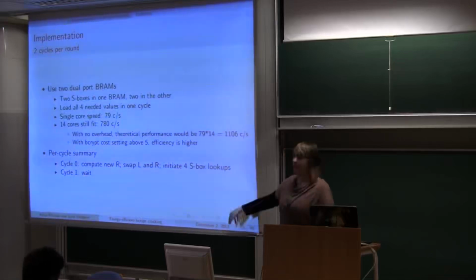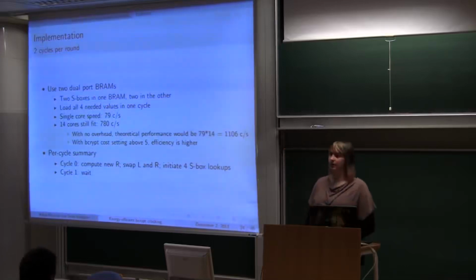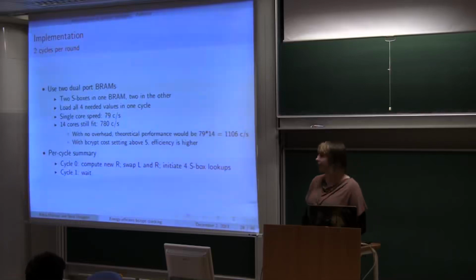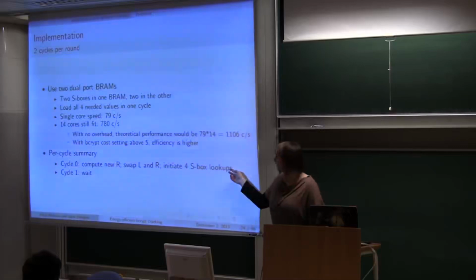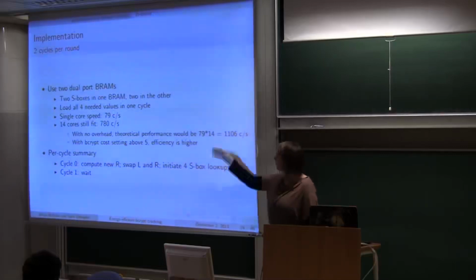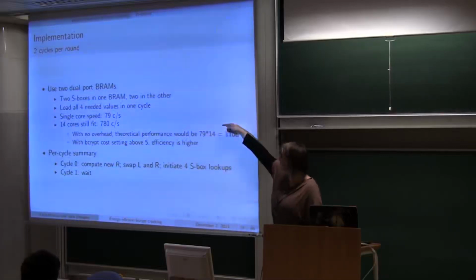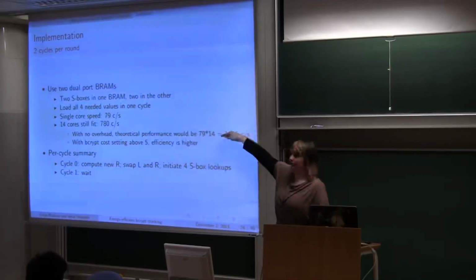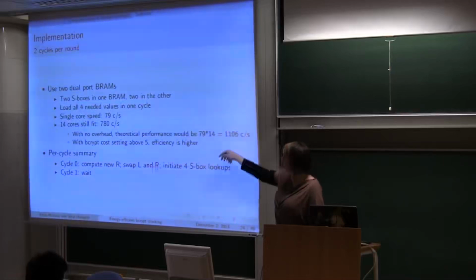To do that, we had to split data into 2 different BRAMs, where we have 2 S-boxes in one and 2 in another, so that we can use in total 2 ports for each one, and in total have 4 S-box lookups. So at single core speed, we have 79 cracks per second. It still fits 14 cores, so it's 780 cracks per second.